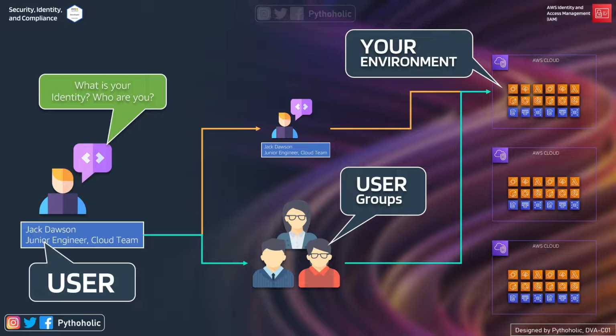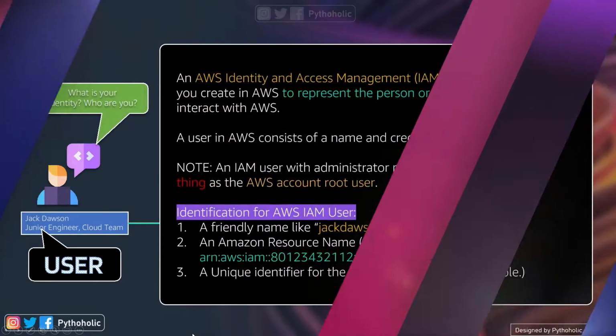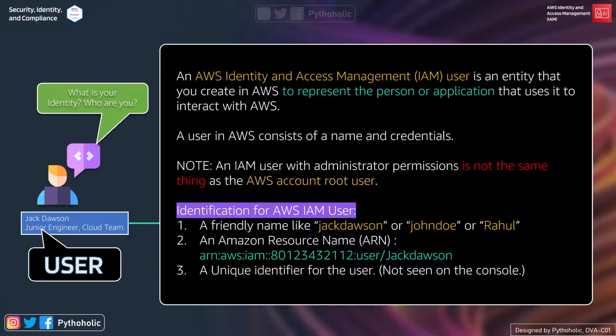And yes, with IAM, you can create a single user and also create a group and assign a policy that applies to all the users within the group. So you can create single users, and if you have a group of users, you can create a group for them and assign a policy that applies to all the users within that group. Now let's understand this concept.